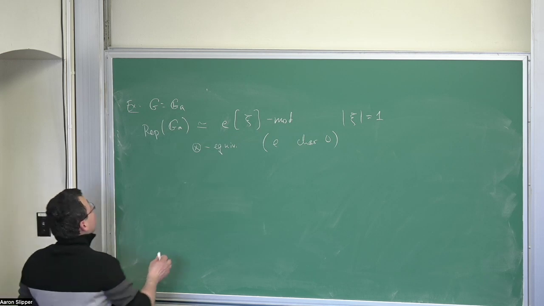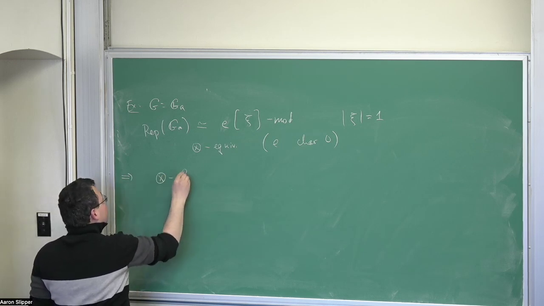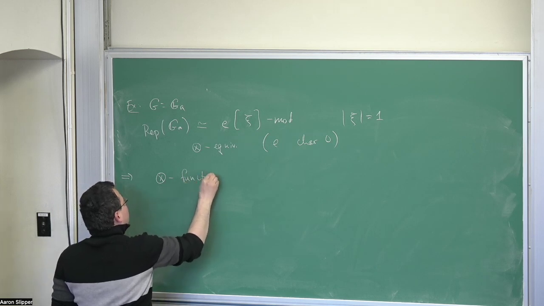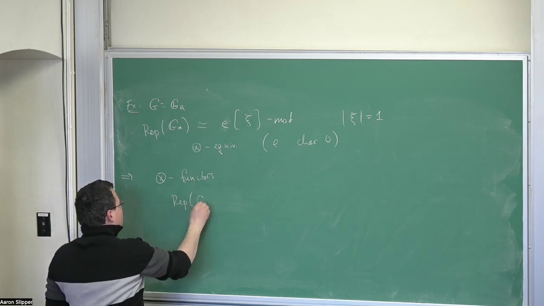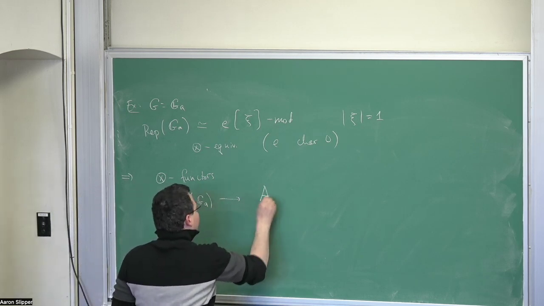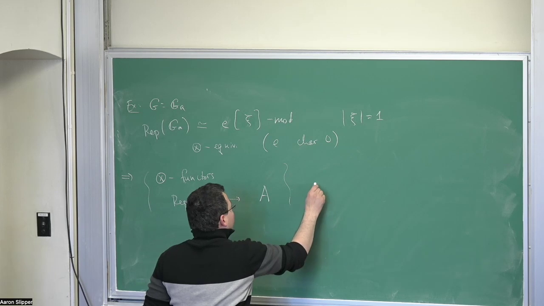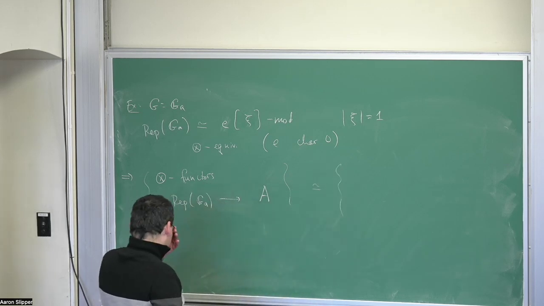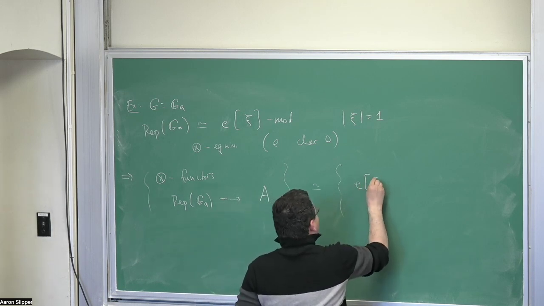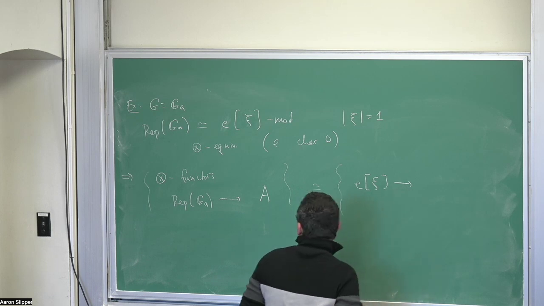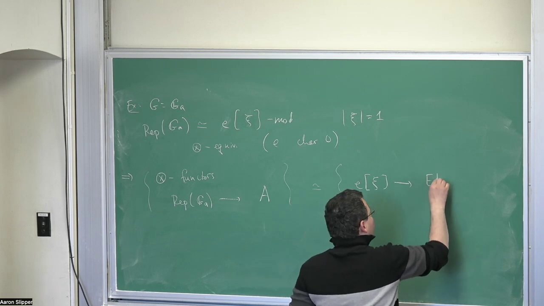So the upshot is that because of this, tensor functors from G_a into some symmetric monoidal category, all tensor functors, is the same as maps of commutative algebras from this ring into endomorphisms of the unit.